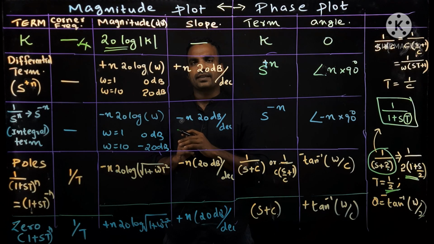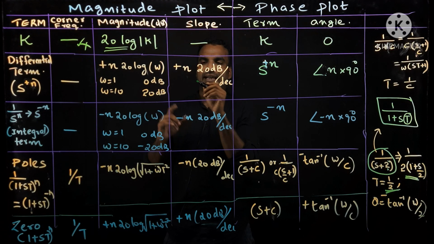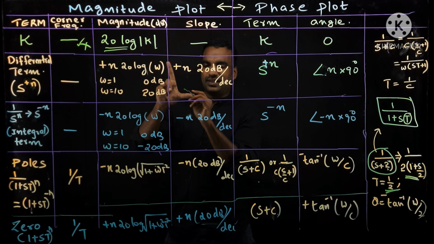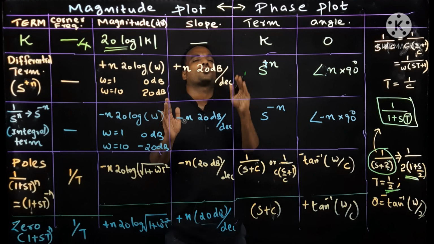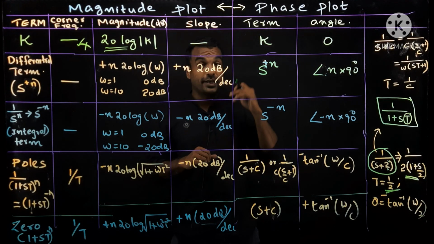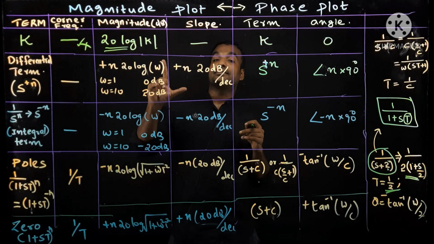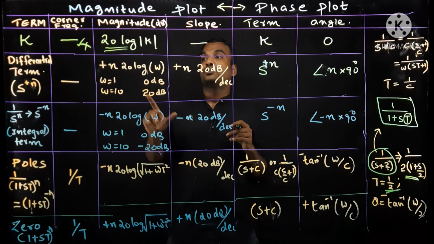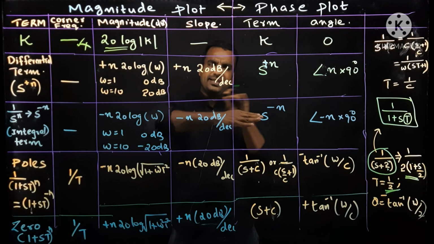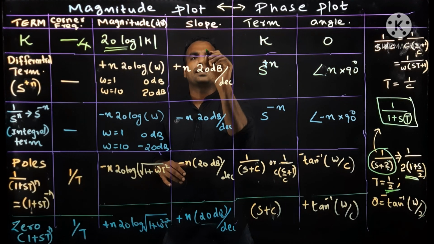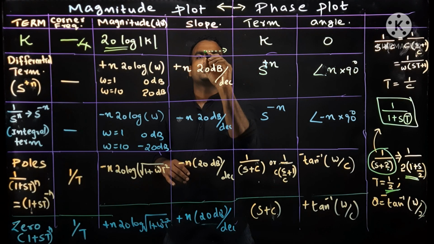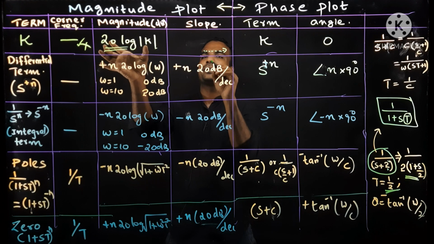Slope means, in the Bode plot, in the x-axis you have to take frequency and in the y-axis you have to take magnitude, for the magnitude plot. So whatever frequency may be varying in the x-axis, frequency may vary but its magnitude is independent of frequency.